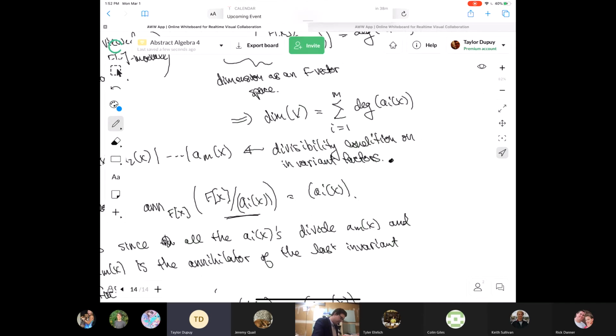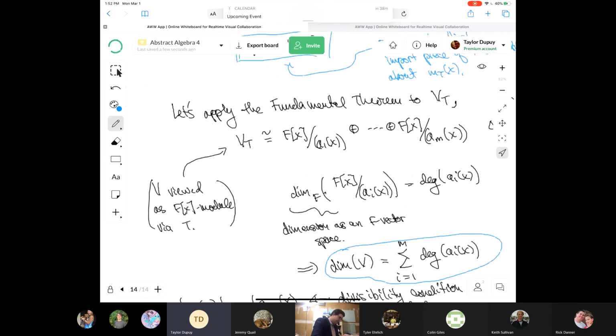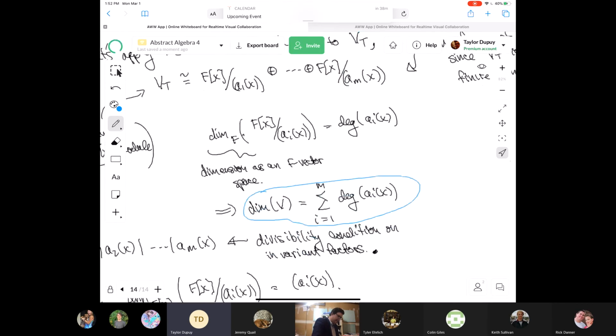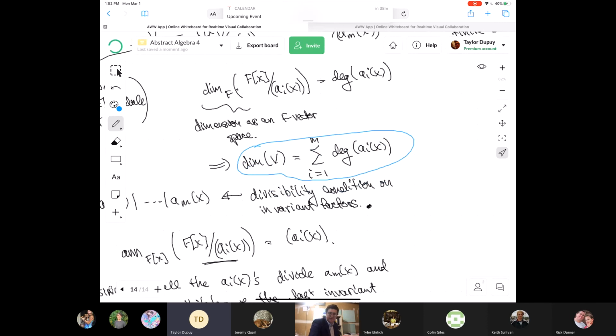There's this other piece of information here, right? So the sum of the degrees is the dimension. Well, also, this characteristic polynomial, that's also degree equal to the dimension, right?